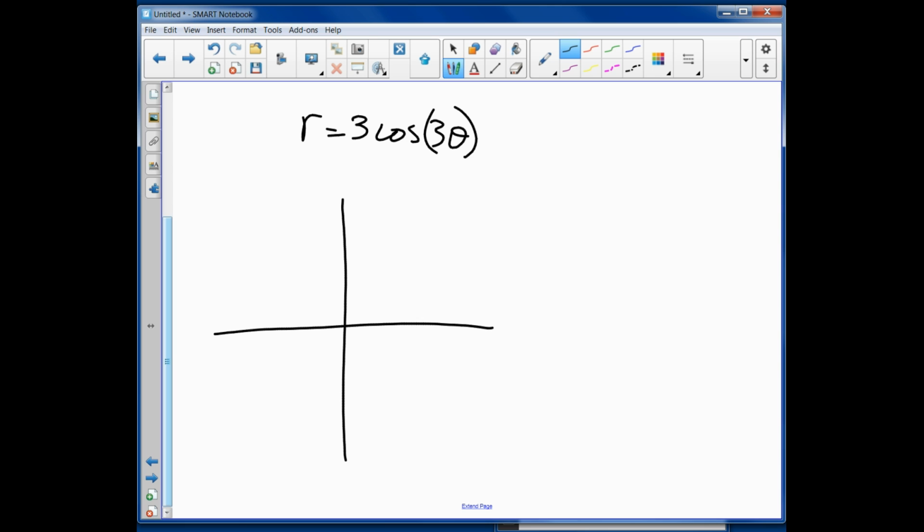Now, if you watch this thing graph, it starts here, and then it does this, and then does this, and does that. Now, if I want to do one petal, and also, how many degrees does it take to get to that?